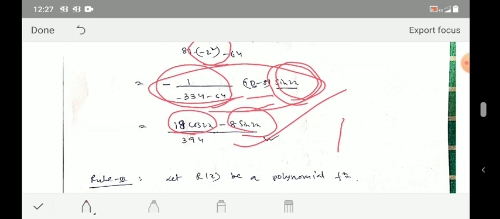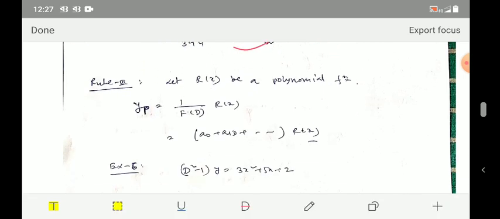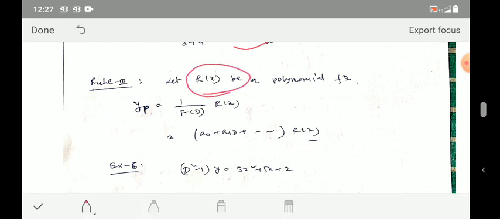Now I am coming to rule 3. Rule 3 means if R(x) is a polynomial, simply polynomial. Polynomial means R(x) may be 1, R(x) may be x, R(x) may be x squared, or R(x) may be a combination of these types of terms, that is ax cube plus bx square plus cx plus d. Then there is also a general method for these terms.